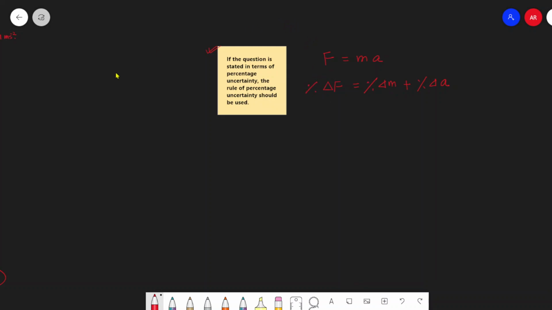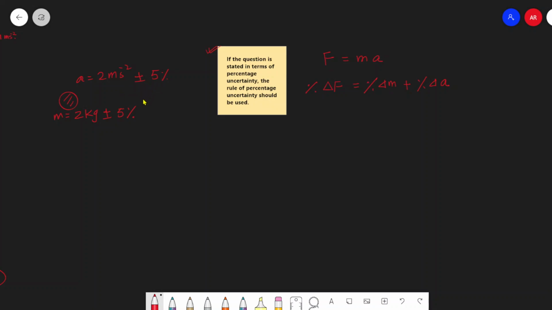So in the same situation, if we state it in terms of the percentage uncertainty, that is, the mass is 2 kg plus minus say 5% as its percentage uncertainty, and acceleration is 2 meter per second squared plus minus 5% as its uncertainty. So the expression is in terms of the percentage uncertainty.